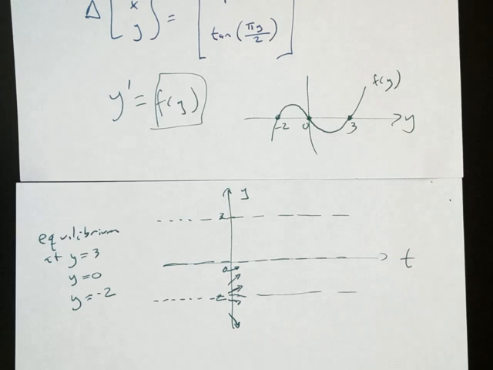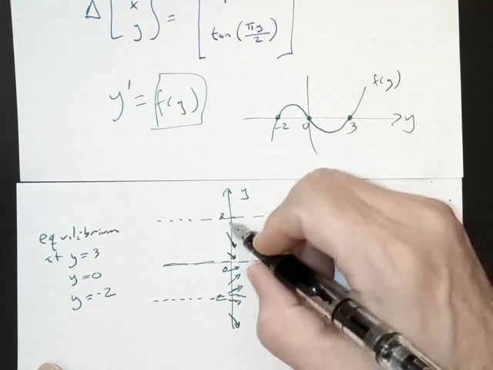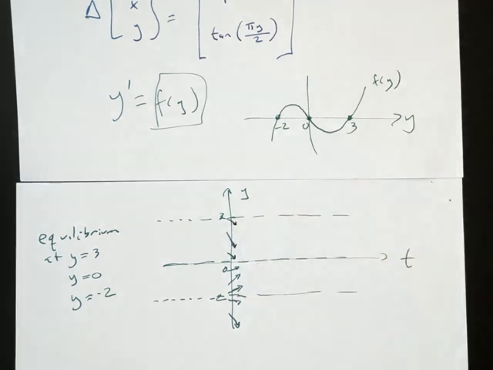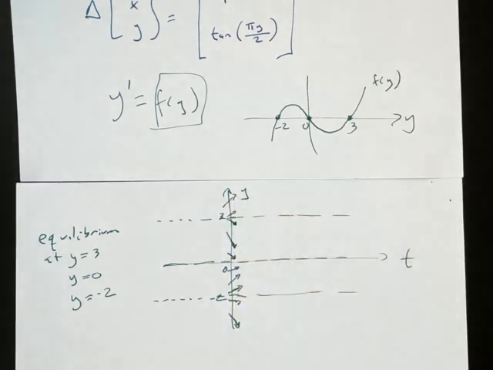How about between 0 and 3? Little negative, more negative, less negative. Above 3. But a little positive and then getting more positive, right?